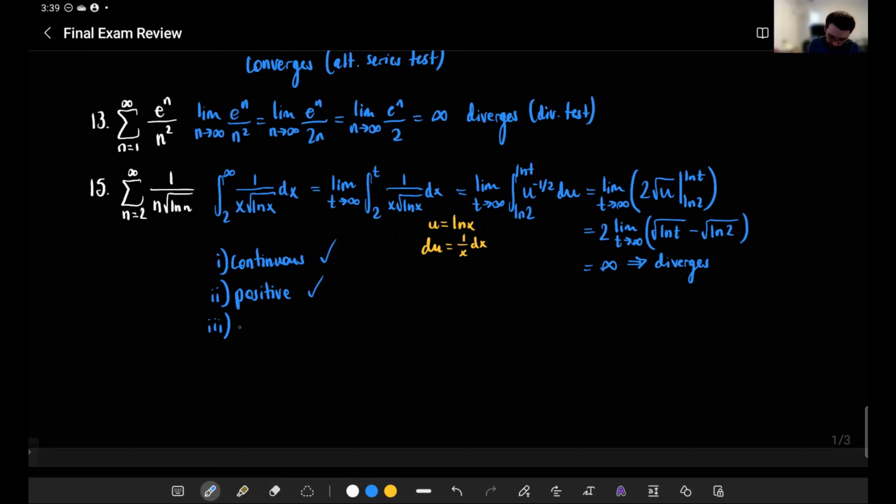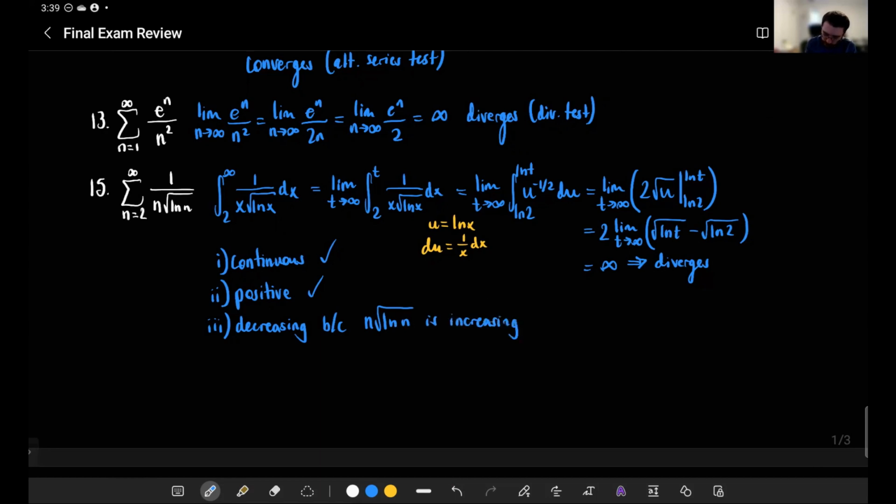And then you have to check that it's decreasing. This is usually the one that requires a bit of work. I think I'll use some high-powered tools. Instead of taking a derivative and showing it's negative, or showing that the next term in the sequence is smaller than the previous term, I'll use a nice high-powered tool. So I'll say decreasing because n square root log n is increasing.